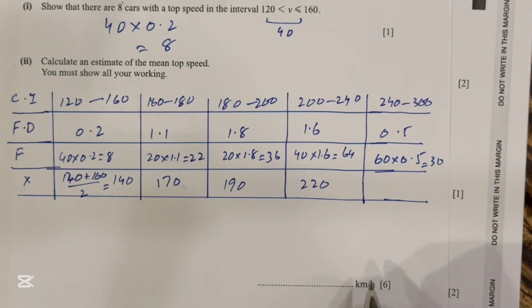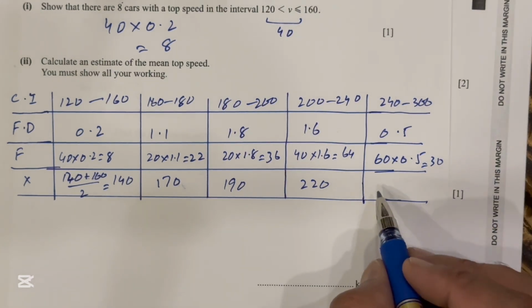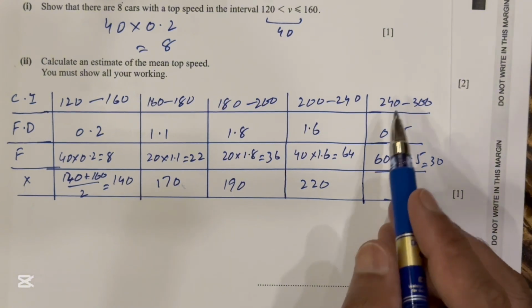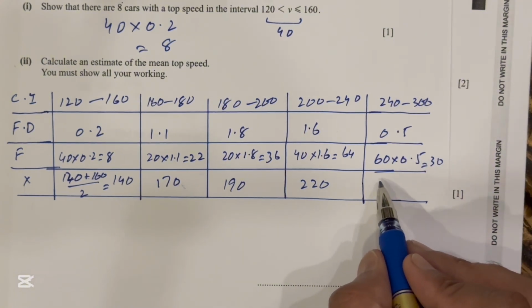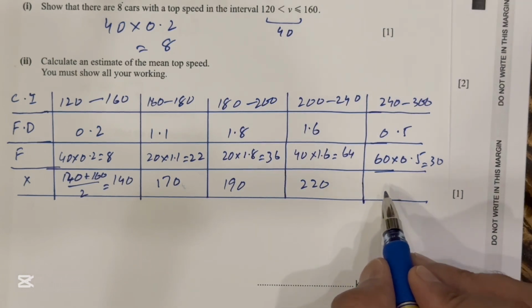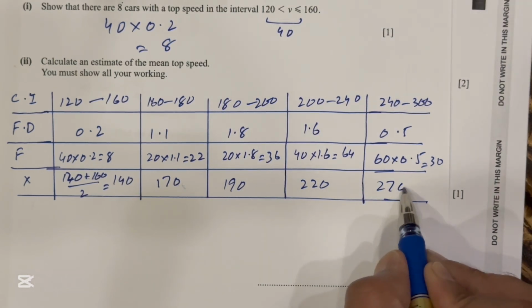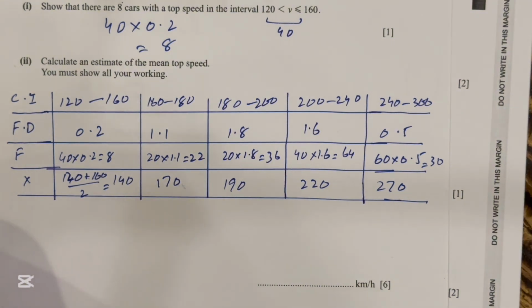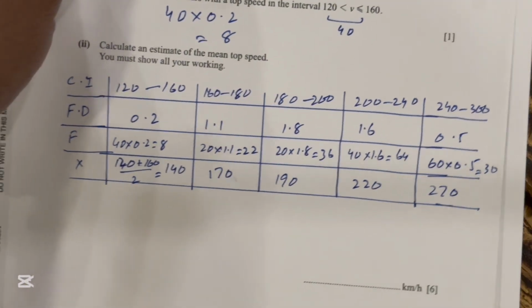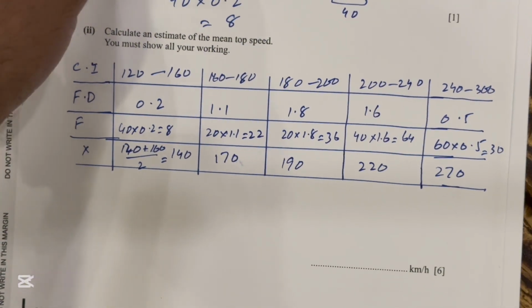The frequency value is 30. Now 240 plus 300 divided by 2 gives the value of x, that is equal to 270. Okay, so you have just completed the table with me.